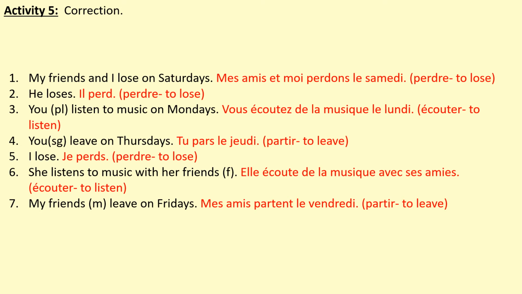So if it's they leave, then we know that the verb ending for verbs in IR for they is ENT. So that's why it's mes amis partent. Pause the video, check your answers, make any corrections, and then move on with your lesson.